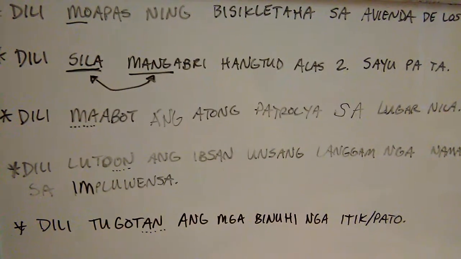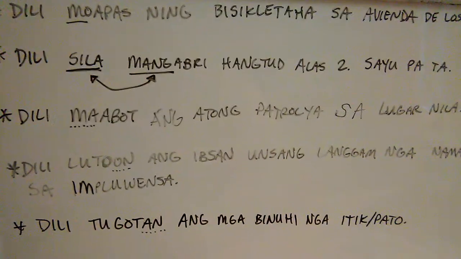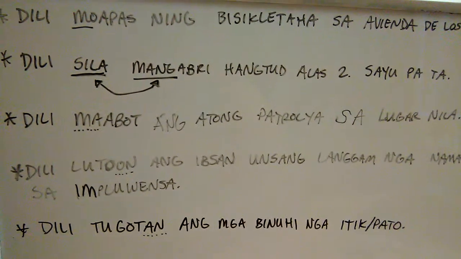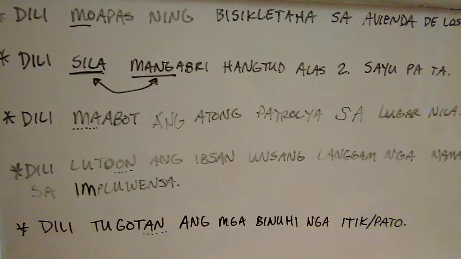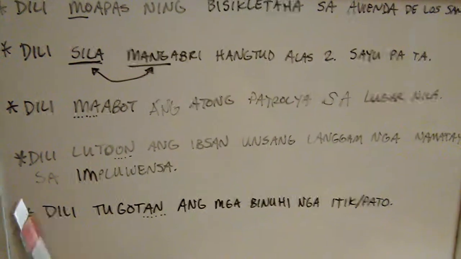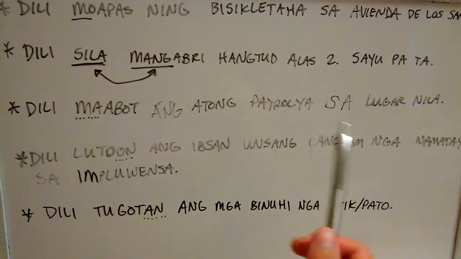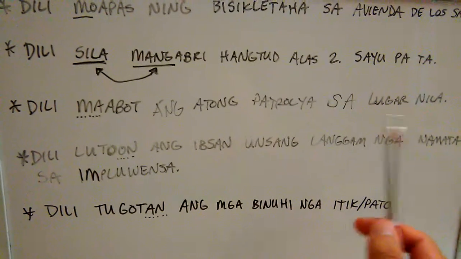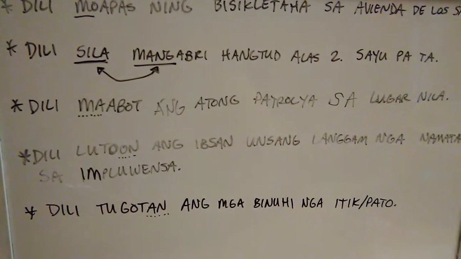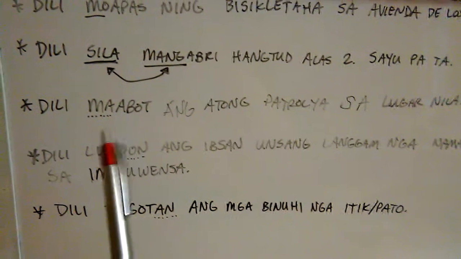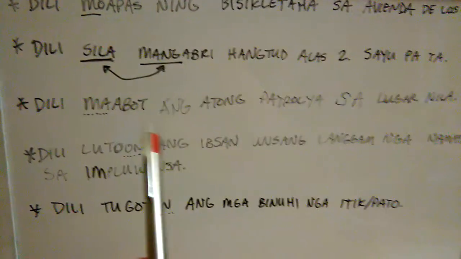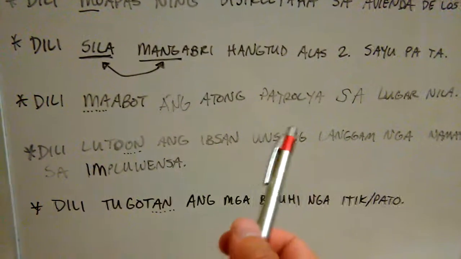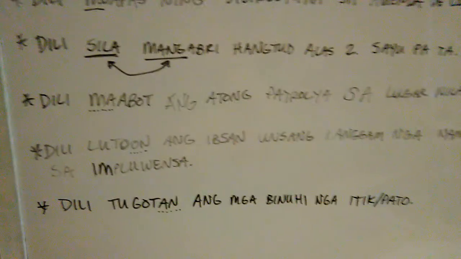Or our patrol team or our patrolling, right? Patrolya means to patrol, okay? Patrol or just kind of be on the lookout. So they could be a police force, a task force that's on the lookout, but they will not go or they cannot reach their land. Maybe it's a different jurisdiction. I don't know. But dili sila, dili maabot ang patrolya sa lugar nila.